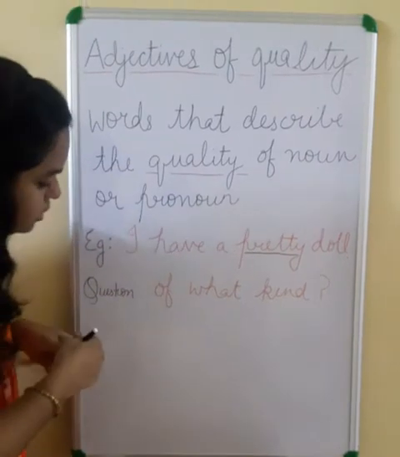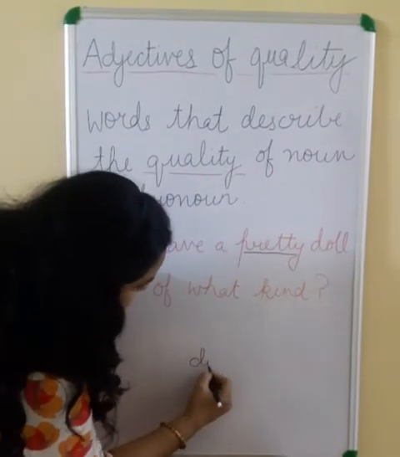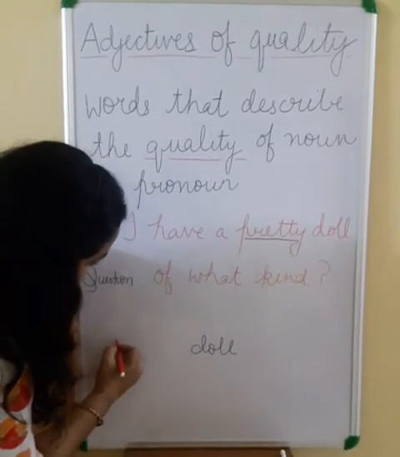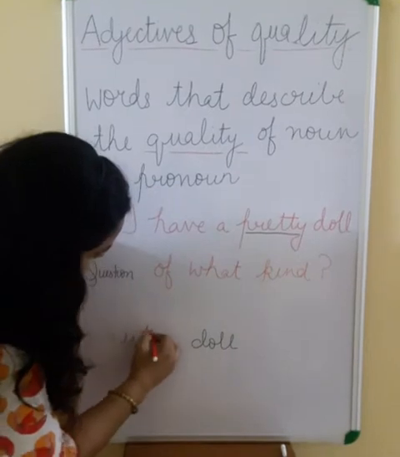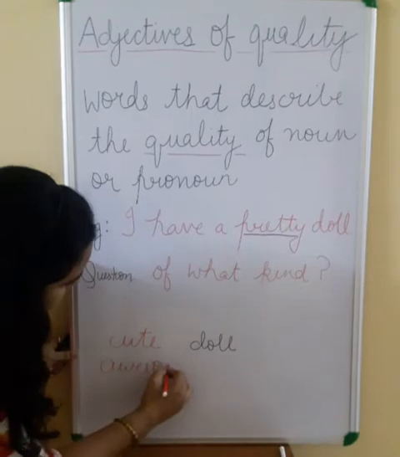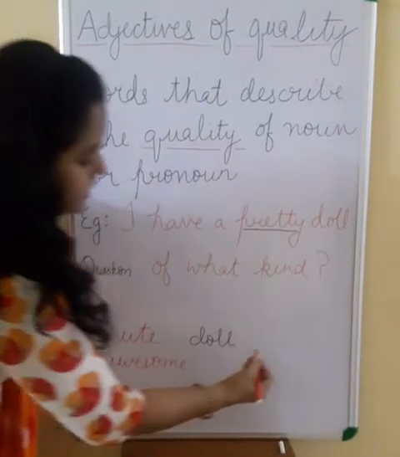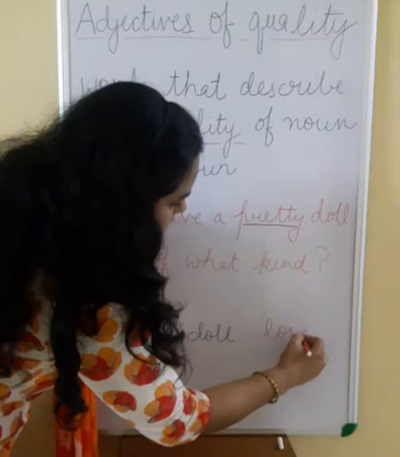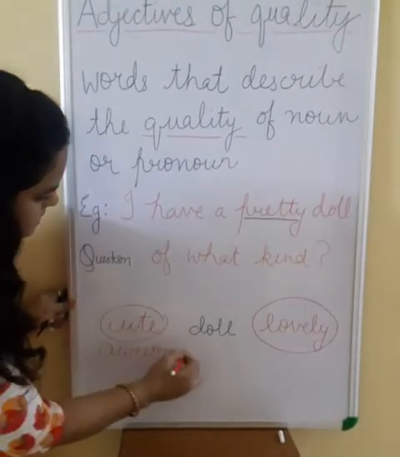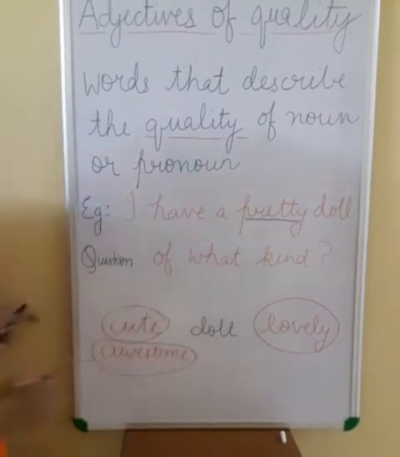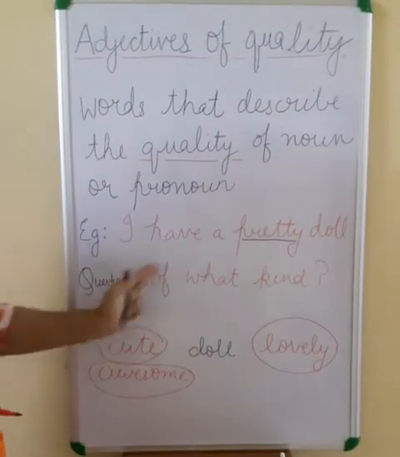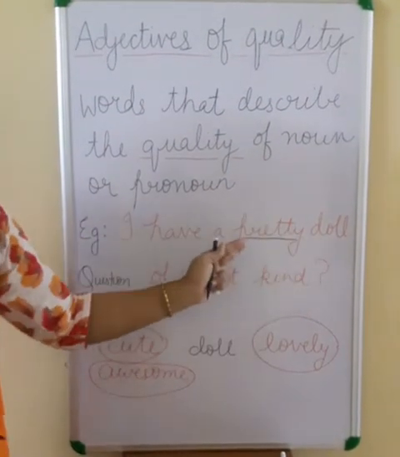For doll, you can use the adjective cute doll. You can write awesome doll, and you can write lovely doll. So you can use different adjectives with this noun. Is that clear? So adjectives of quality tell us what kind of noun it is.